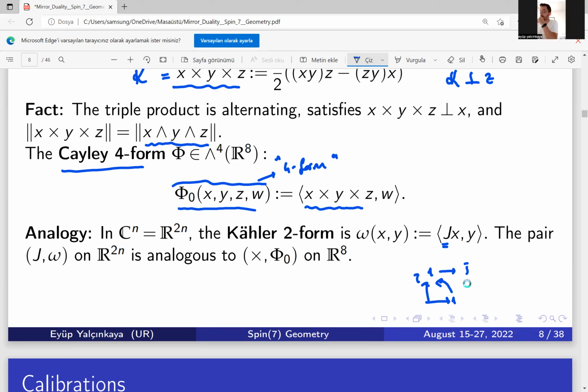If you have the Cayley 2-form, this is also important for the Calabi-Yau manifold and geometry. You can construct this form.